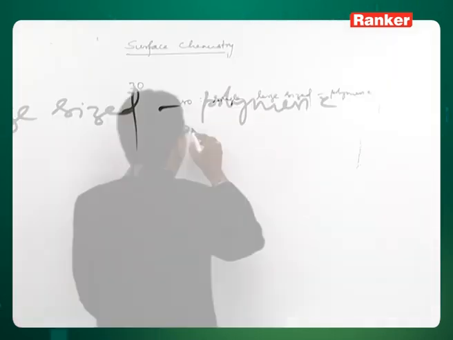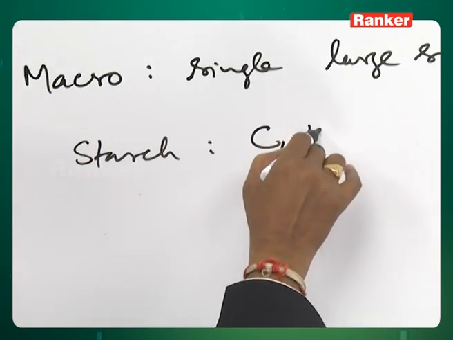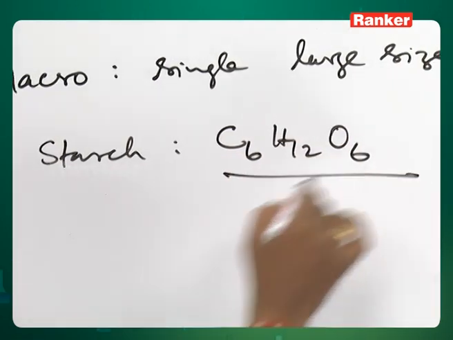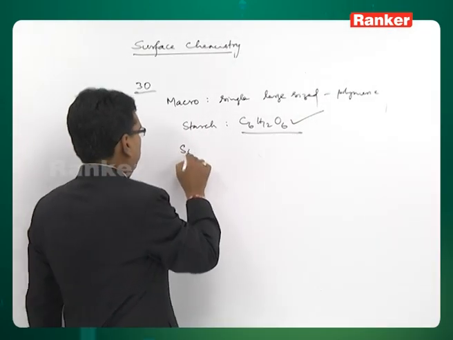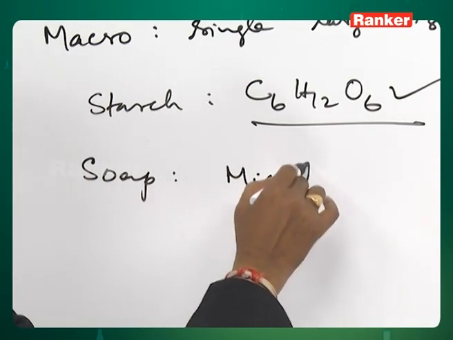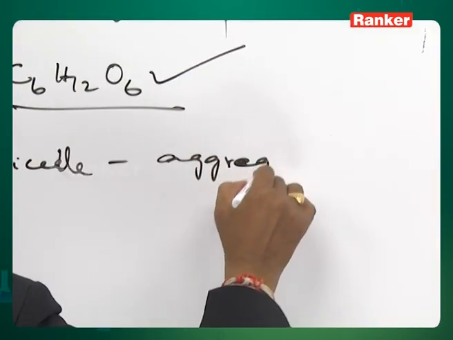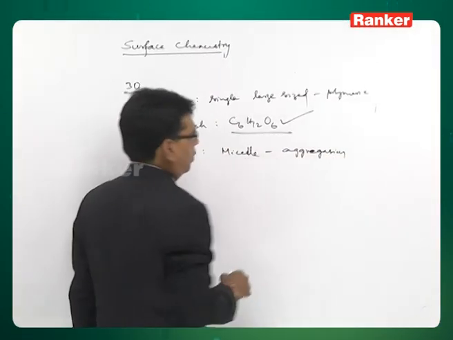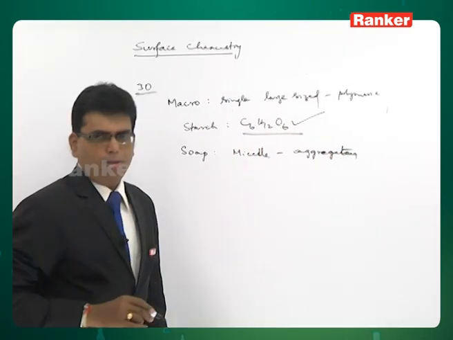Yes, starch is a large sized molecule, so it is a macromolecular colloid, whereas soap is a micelle, it is an aggregation. Soap is an aggregate.